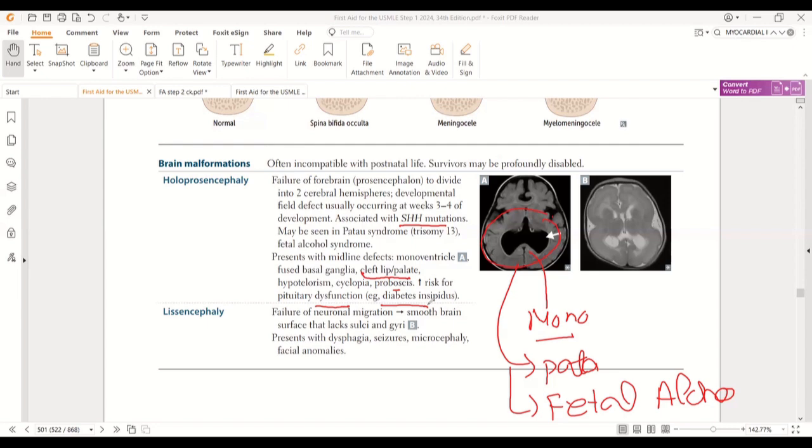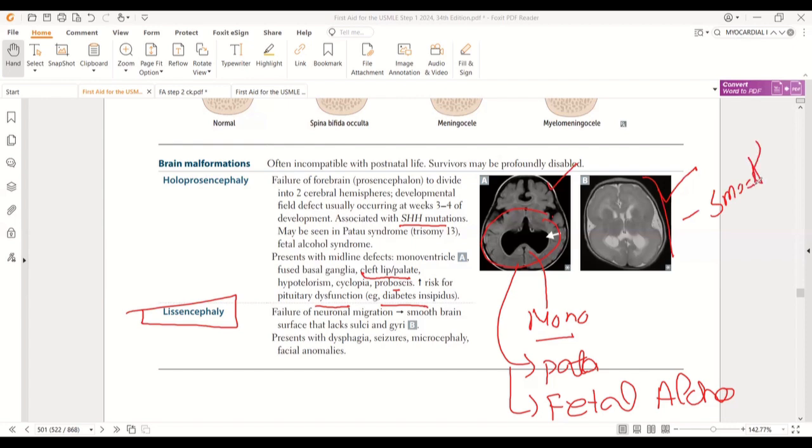So the next brain malformation is lissencephaly. Again, this picture is an important one. You look at the picture, there are no sulci and gyri, when you compare this picture with this one. So this is a typical smooth brain.